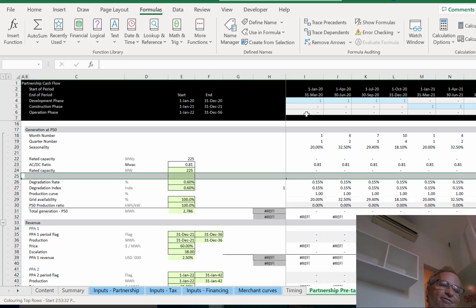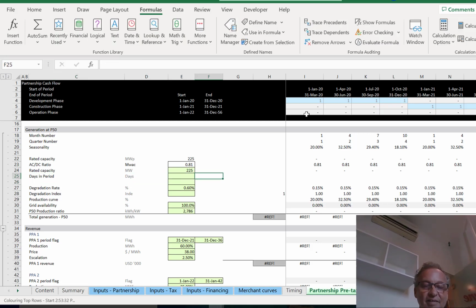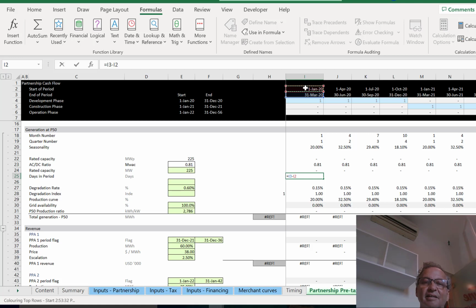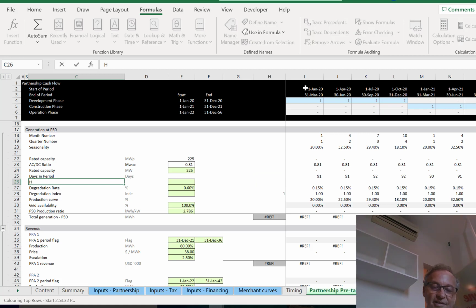And if you want to get fancy, it's so easy. Put days in the period, and get rid of this, and you just put equal the end date minus the start date plus 1, and let's make it really transparent and put hours in period.